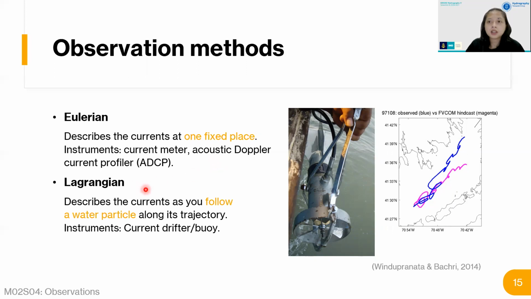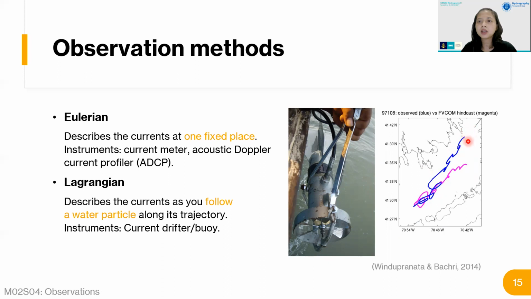And the other one is the Lagrangian. In Lagrangian, it describes the flow as you follow the water particle. So you can imagine that there's a buoy or a current drifter or something that is floating on the water surface, and it follows how the water flows, not actually one water particle, so you can see the trajectory.